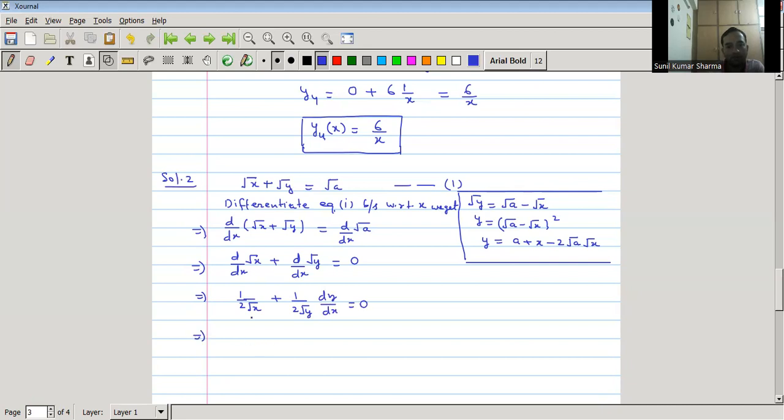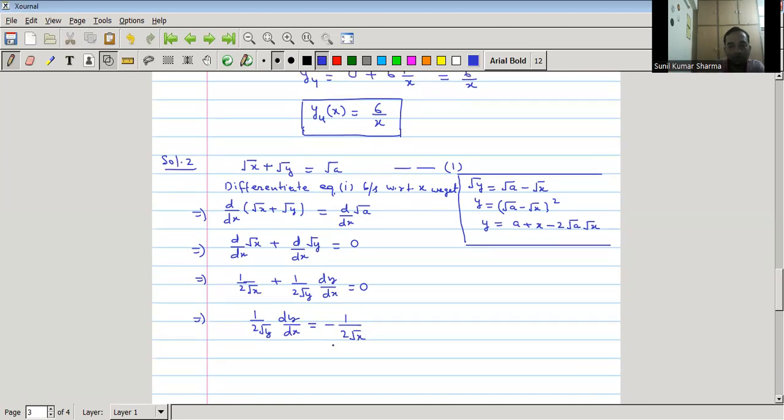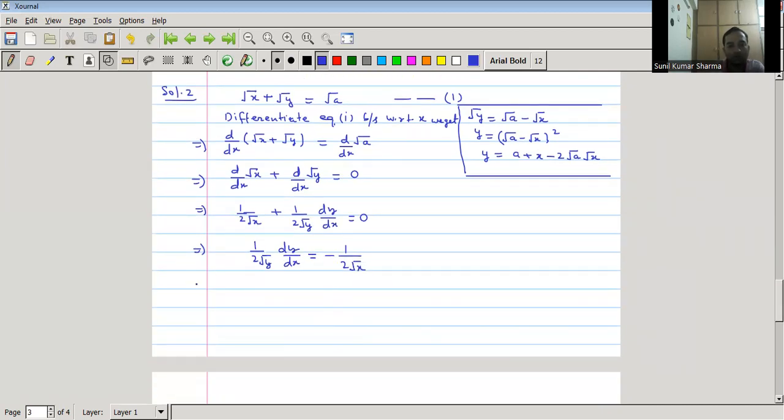So this implies 1 upon 2 under root y dy upon dx is equal to minus 1 upon 2 under root x. So 1 upon 2 cancels out, and we get dy over dx is equal to minus under root y over under root x. So this is our y1.